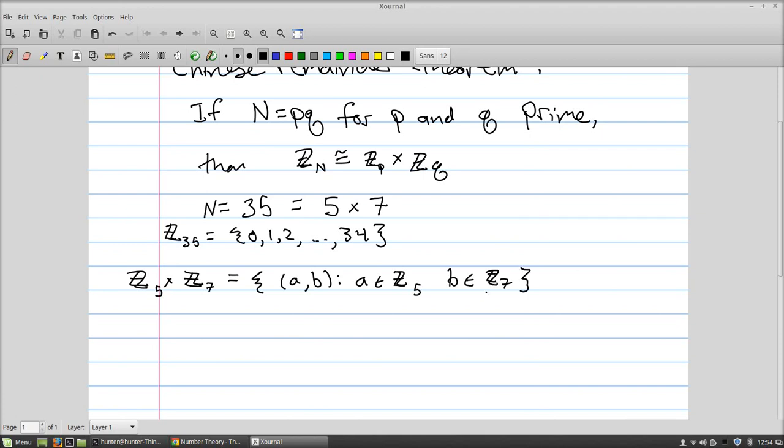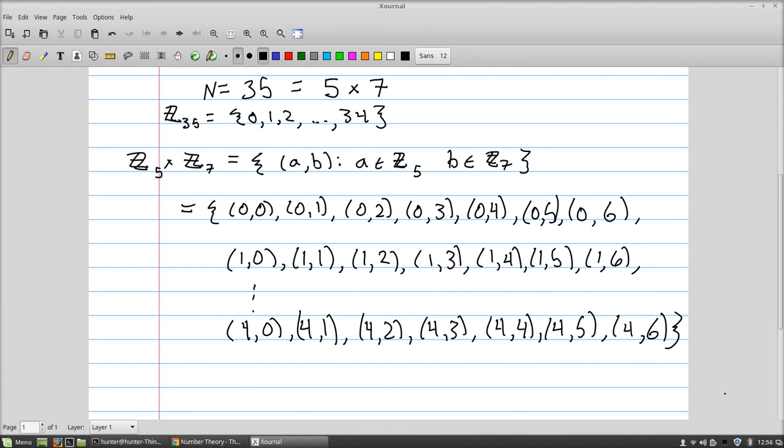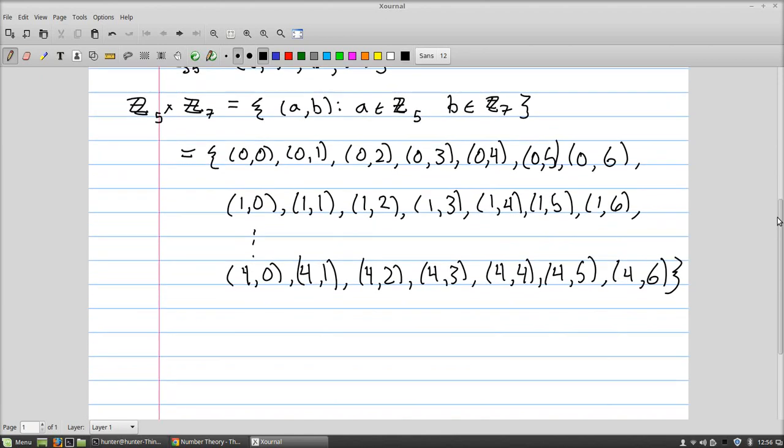So what does it actually look like in practice? I'm going to pause the video while I write it out so I don't bore you. Okay, so this is the set of all pairs of numbers such that the first number is from Z5 and the second number is from Z7.